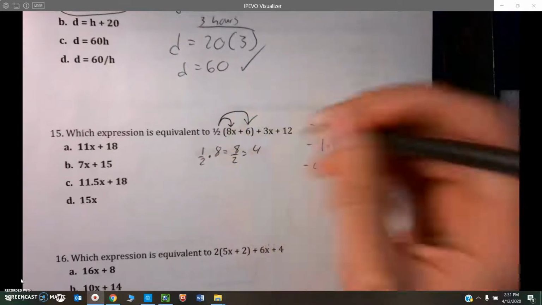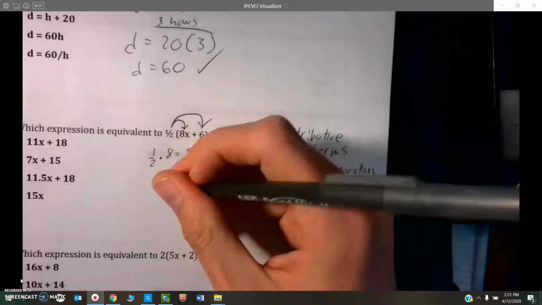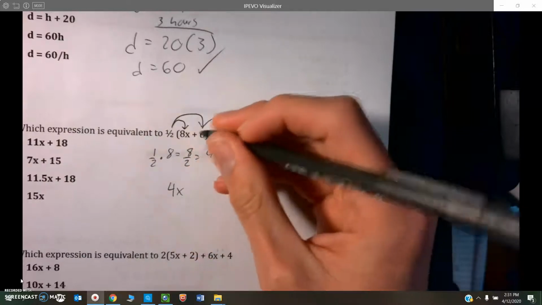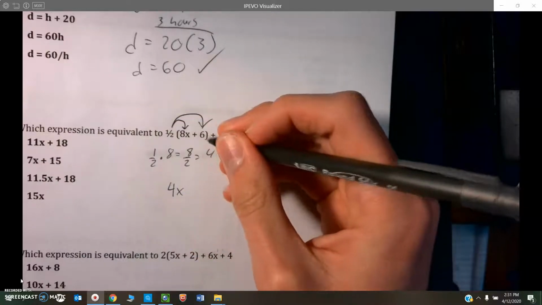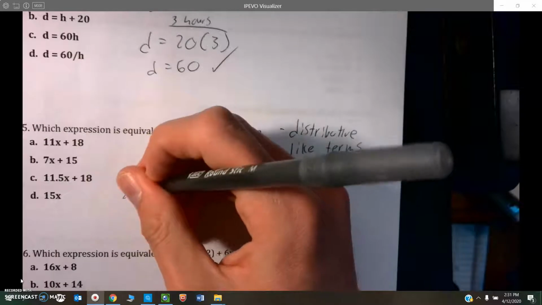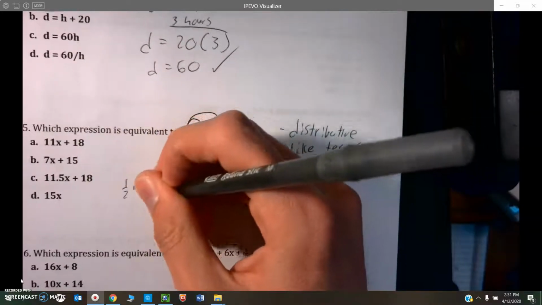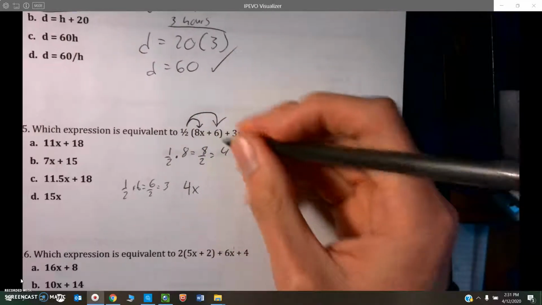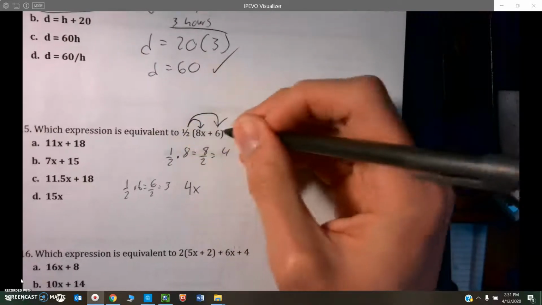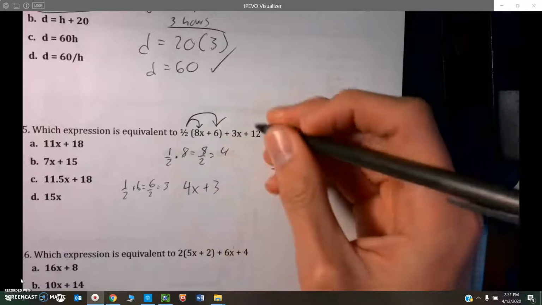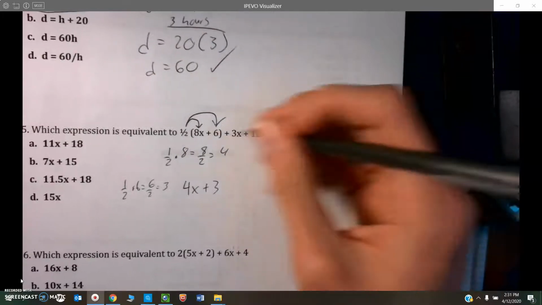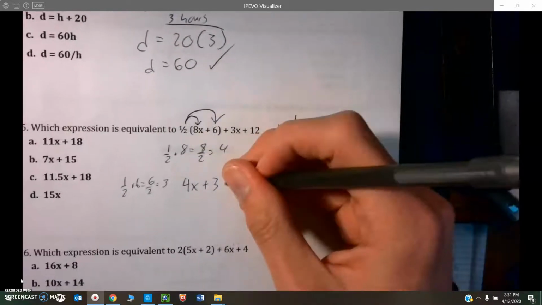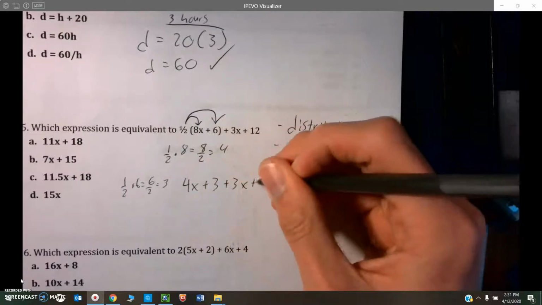So this would turn into 4x, and 1/2 times 6 is 3. So after I multiply this out, this turns into 4x plus 3. And then I'm going to keep these other terms. These were not in the parentheses, so these just stay here.